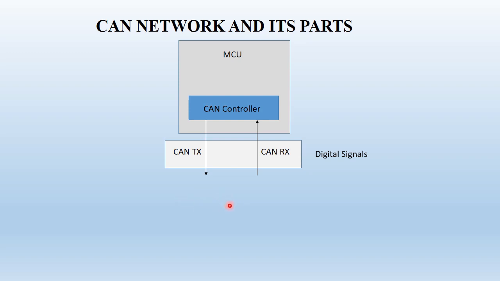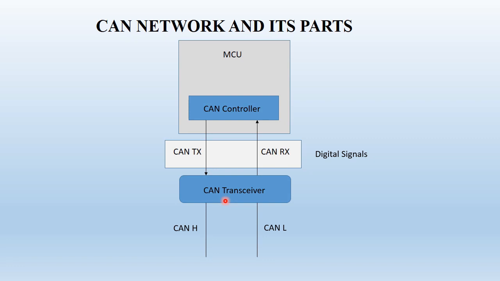So in CAN, these digital signals are not used to communicate with the other node. Instead, we use something called differential signals, but your microcontroller will not provide the differential signal.